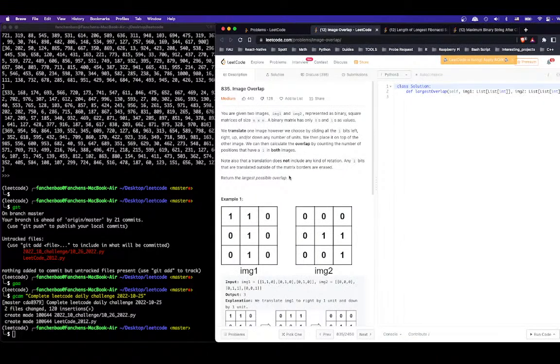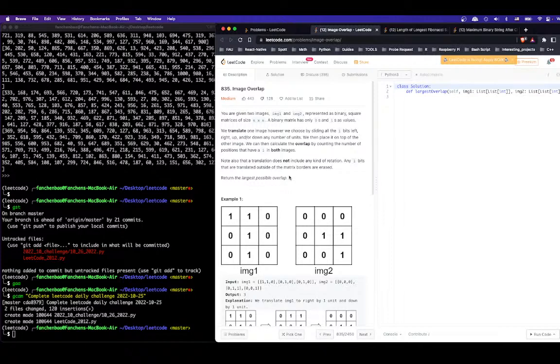You're given two images, presented as binary, square matrices n by n. A binary image has only 0, 1. We translate one image, however we choose, by sliding all the 1 bits left, right, up, and down, any number of units.